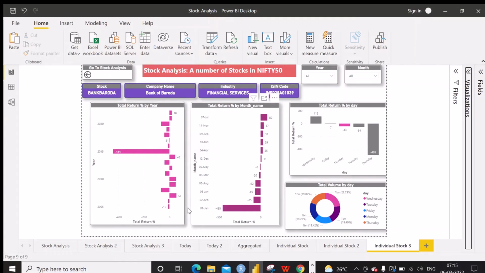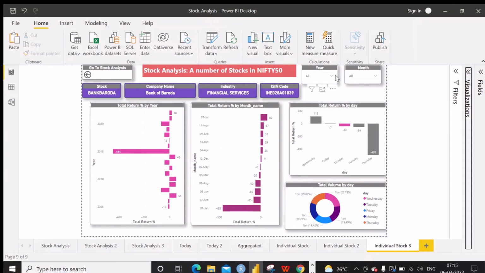At the same time, we have got good returns in the year 2007 and in 2009. Likewise, we can get a good result in 2010. And this is for month, the cumulative over the years. For every July it would be better, but January is not that good, it is the worst.